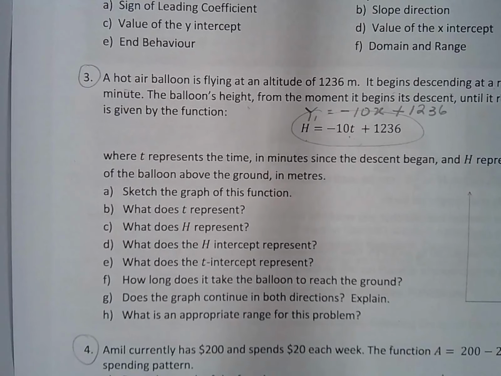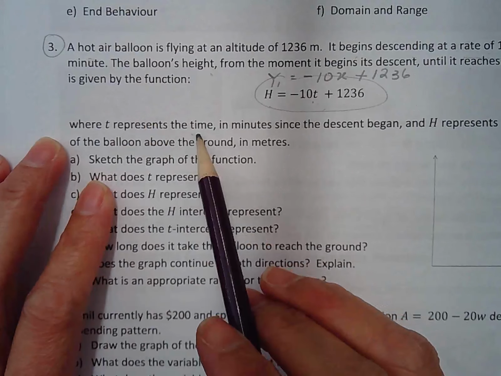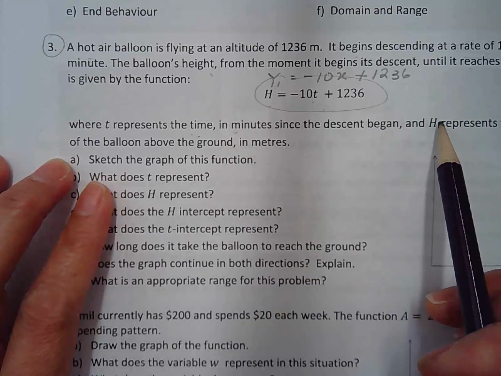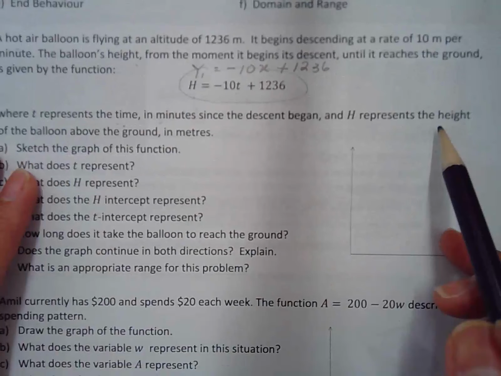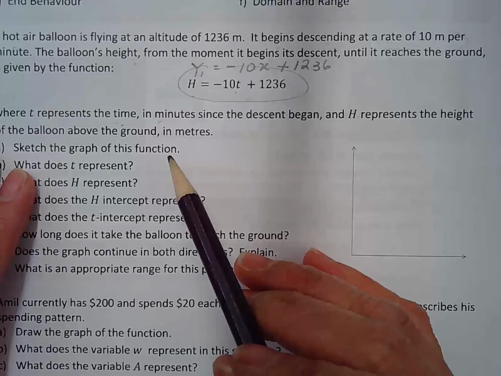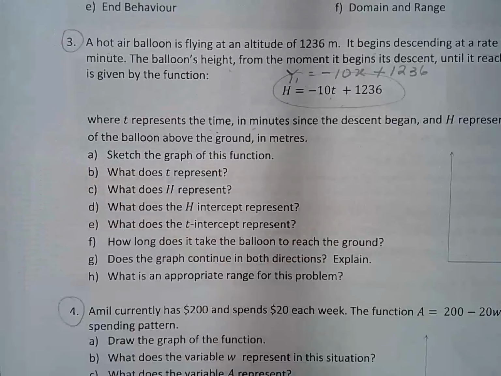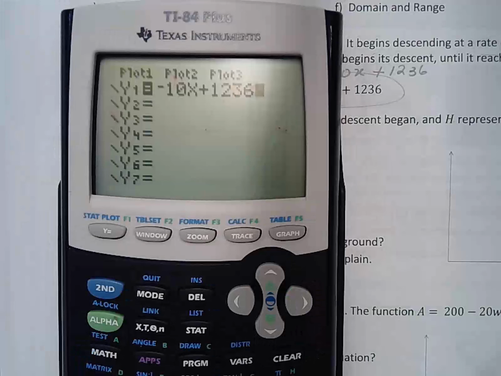Then they gave us a context here where t represents the time, measured in minutes, and h is the height in meters. So graph or sketch the graph of this function. We kind of know what that looks like. We know it's a line going down. So let's press graph.